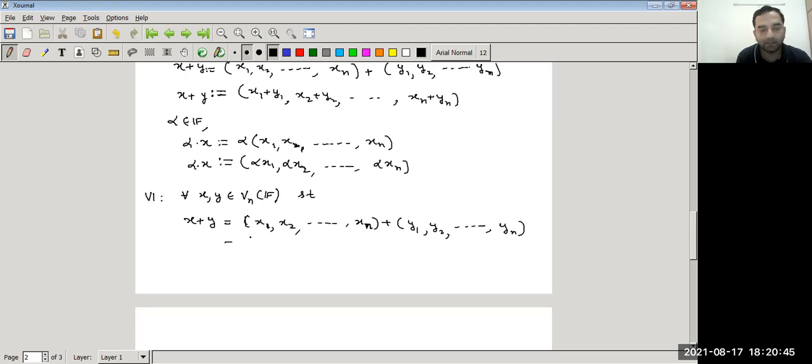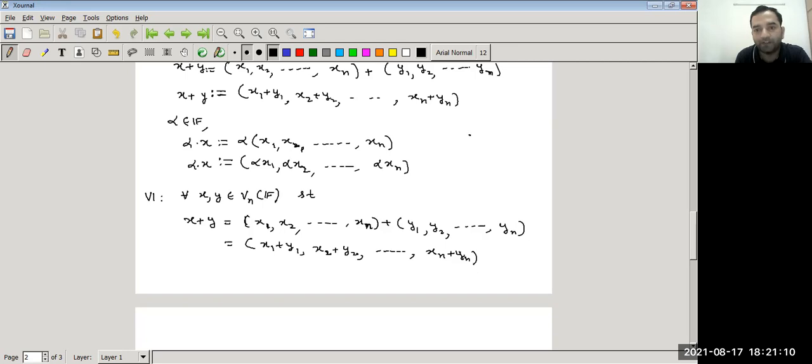How can we add these? It is already defined: the sum is x1 plus y1, first element with first element, x2 plus y2, and xn plus yn.